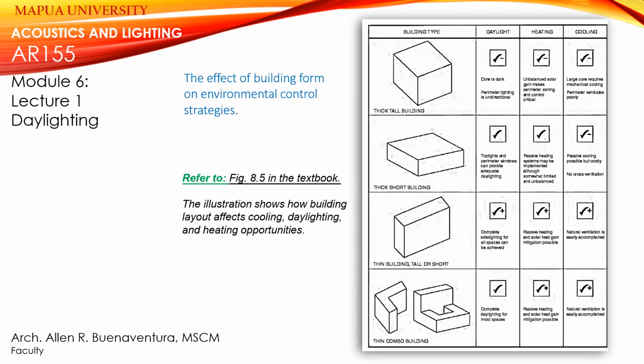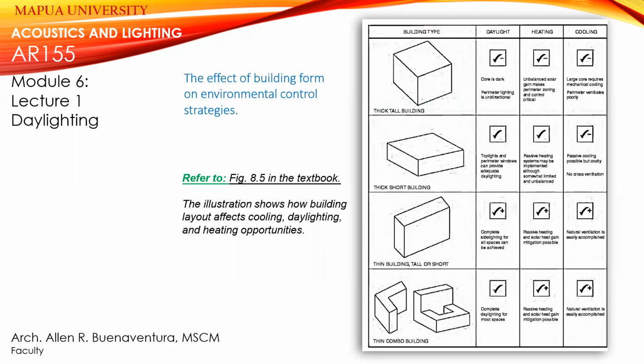But the thin building that is tall or short, what is the positive advantage? Complete side lights for all spaces can be achieved. And with this type of building, if it is thin and tall, you can direct the largest part to be exposed to the north-south, and the smaller area you can expose to the east and west.